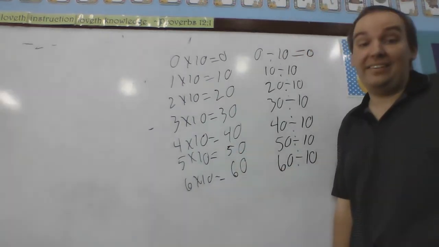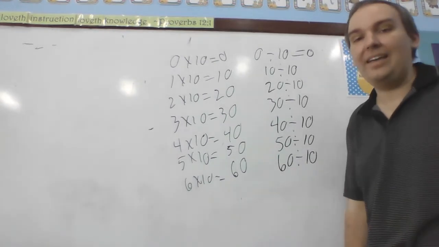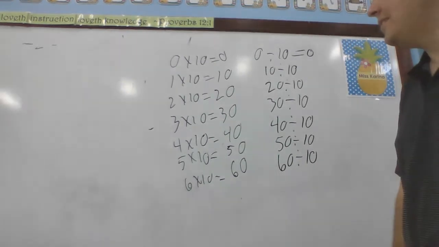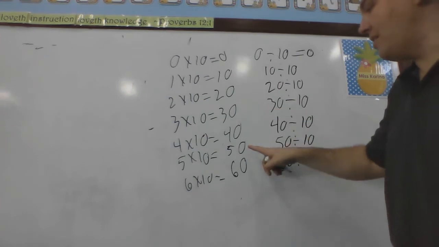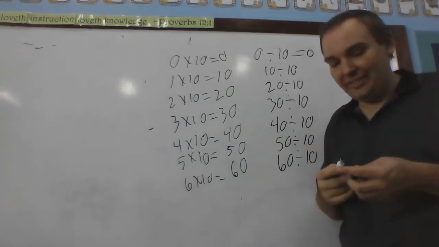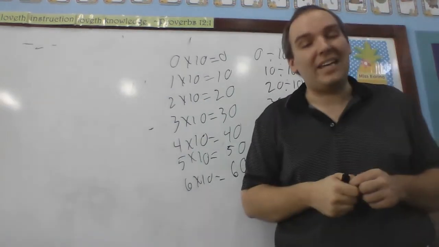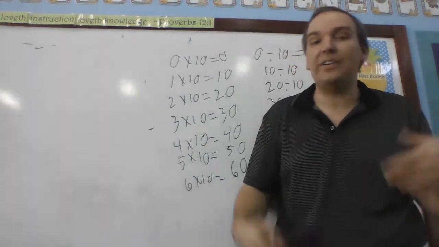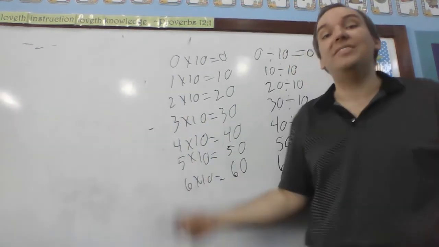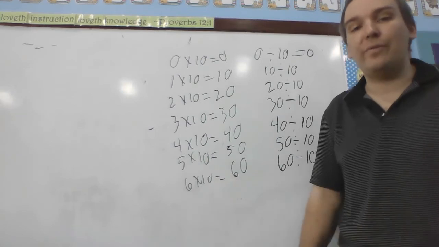How easy is that? Okay? 10, 20, 30, 40, 50, 60. I'm counting in tens. This is why you had all that time spent in kindergarten and first grade counting in tens. This is what it was getting you ready for.